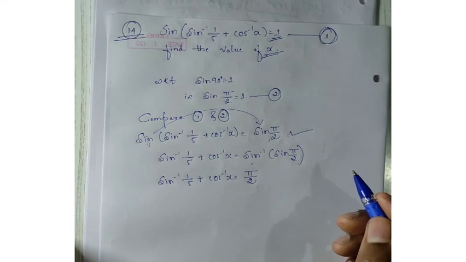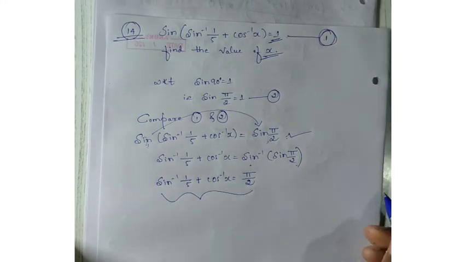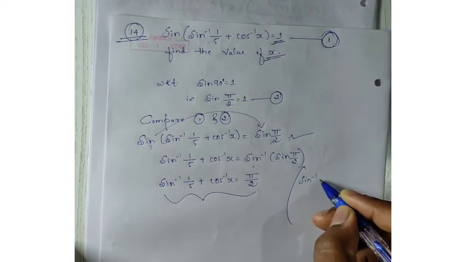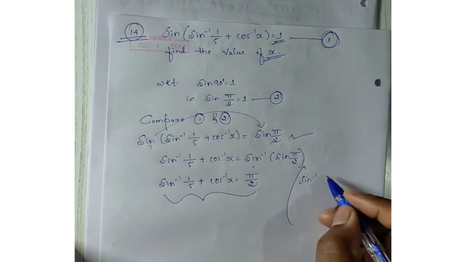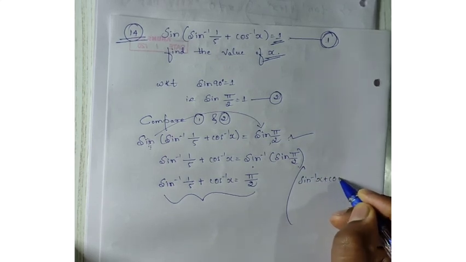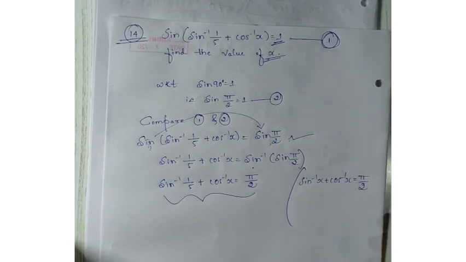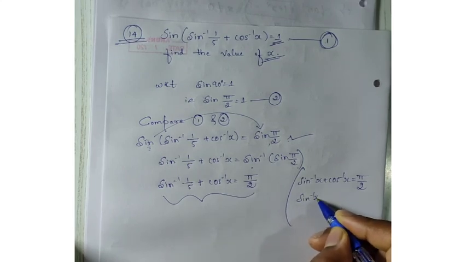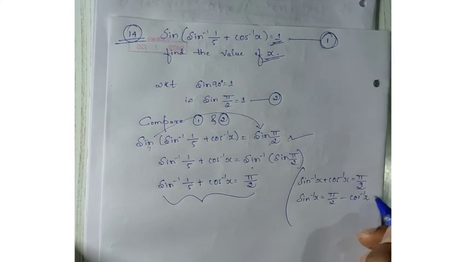Now, if you observe this, please recall the property that says sin inverse x plus cos inverse x is equal to pi by 2, right? So here sin inverse x can be written as pi by 2 minus cos inverse x.